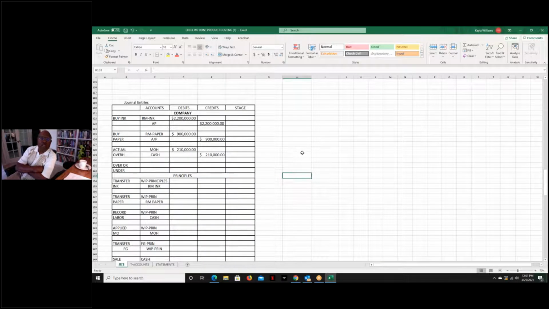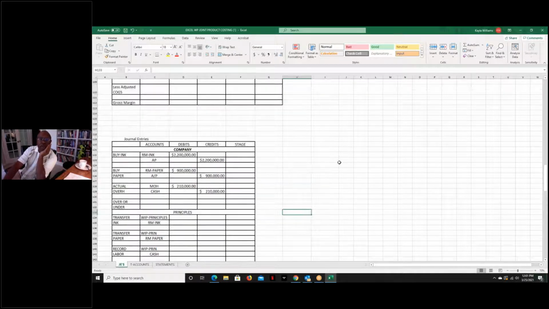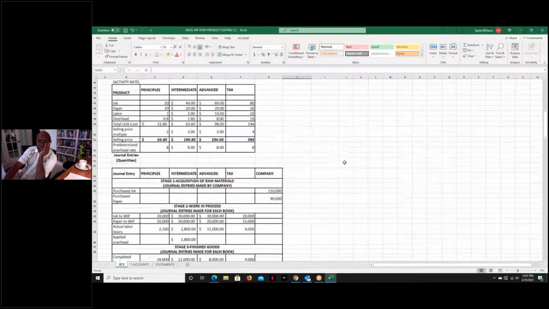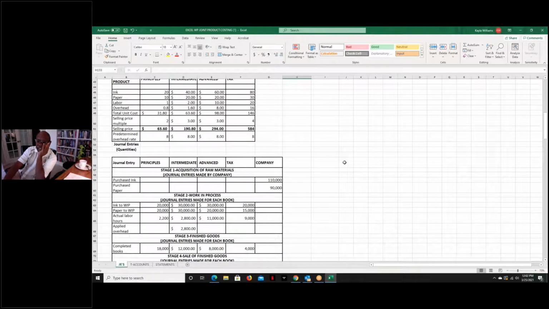And these journal entries are going to be the same for each book. We're going to transfer in the ink. We're going to transfer in the paper. We're going to pay the workers. And we're going to allocate the overhead. So go ahead, T1.